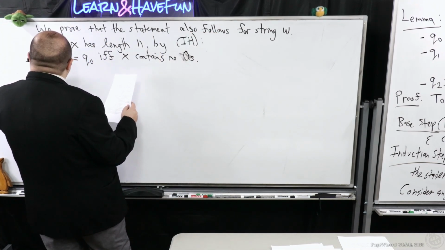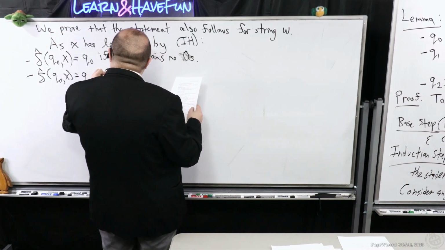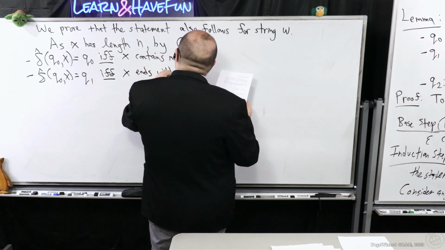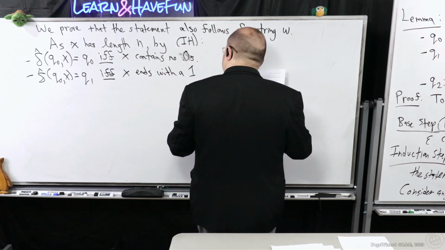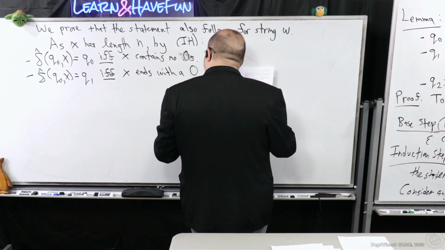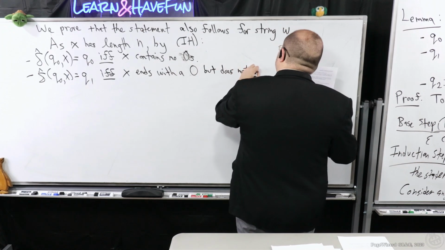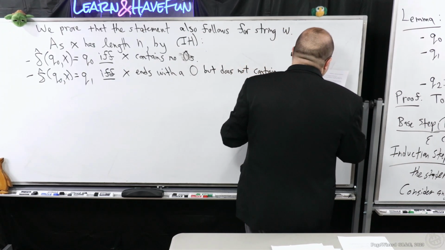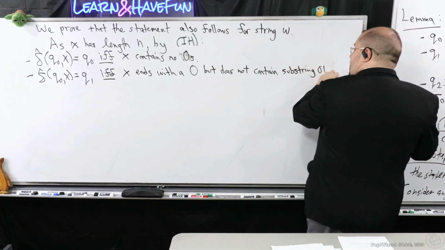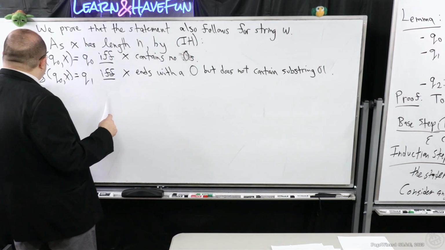Delta hat q0 x is in q1, so after processing string x, we're in q1, if and only if x ends with a 0, but does not contain substring 0 1. I'm just making sure you're keeping track with what I'm doing. All I'm doing is reiterating the invariants, but I can apply them on x because it's length n.